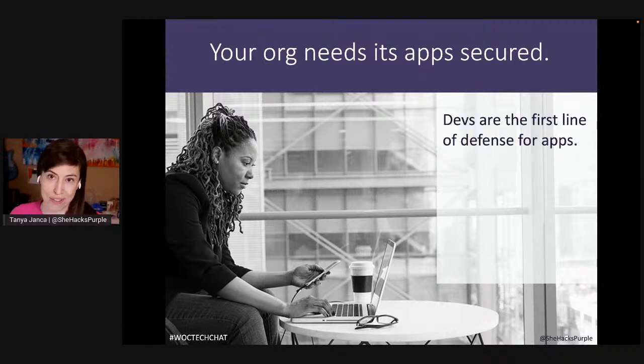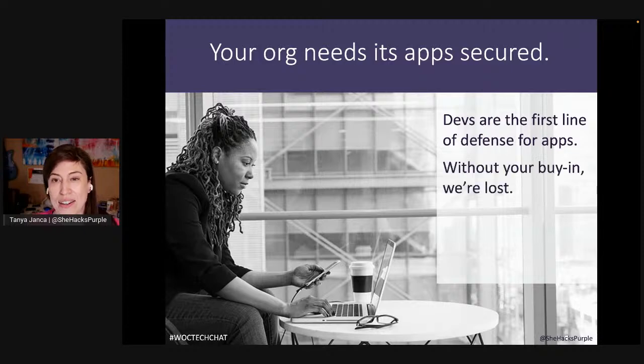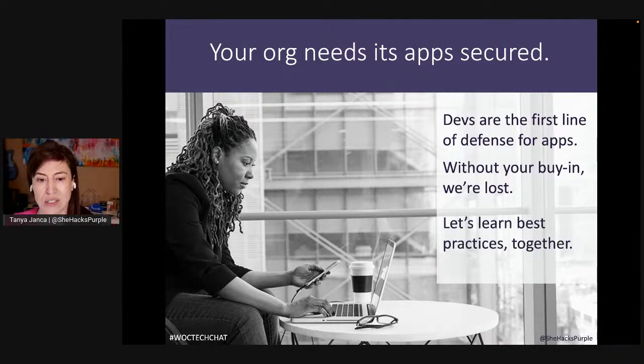I always focus on software developers and how they are the first line of defense because they're building the things. But all of you that work anywhere in IT, when you're building your network, when you're deciding how to call an API or not call it, all of those things are you helping to defend our systems or not, right? Or opening them. Without your buy-in, we can't do this. And so we're going to learn some best practices.